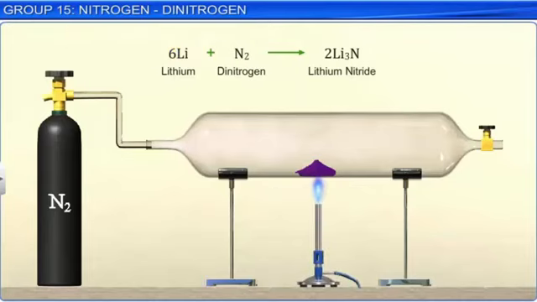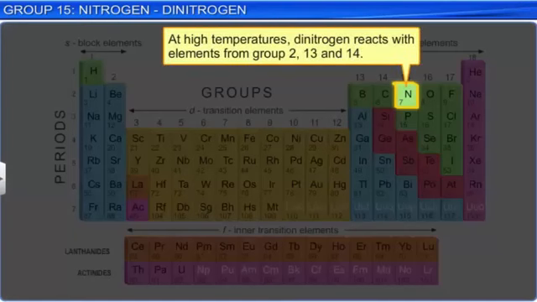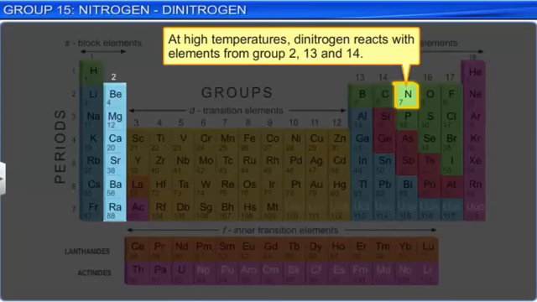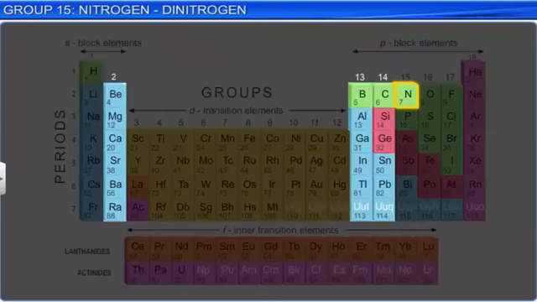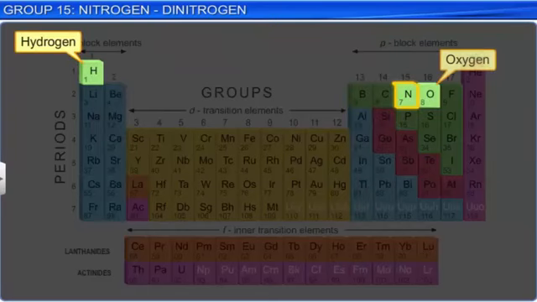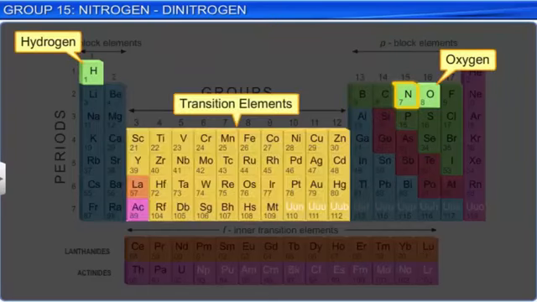However, the reactivity of dinitrogen increases at higher temperatures. At high temperatures, dinitrogen reacts with elements from group 2, 13 and 14. It also reacts with hydrogen, oxygen and certain transition elements.